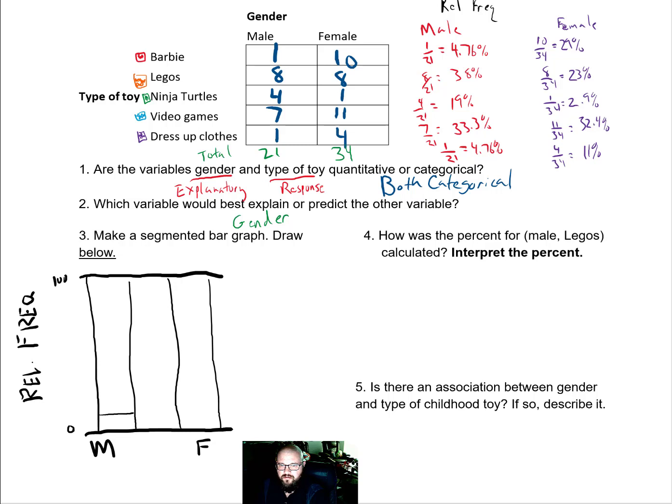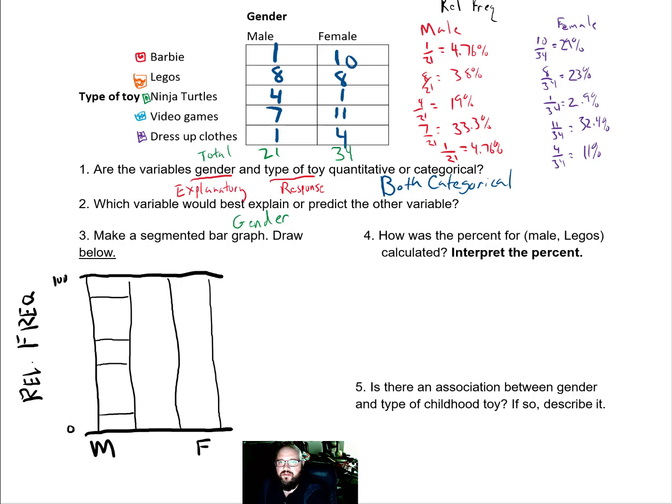So we'll say that's somewhere right around in here. And then we're going to say 19% for Ninja Turtles. And then another 33% for video games. And that should leave us with our last little 5% right up there up top.